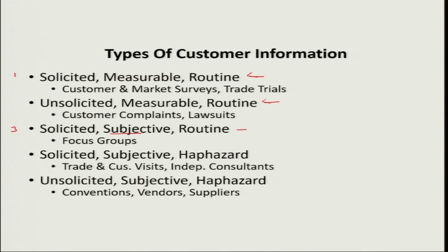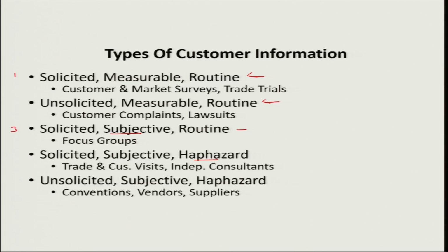Then there can be solicited, subjective and haphazard information. Not in a very routine manner, you are collecting in a haphazard manner by visiting trade fairs and just listening to the discussions going on between customer and the shopkeeper, and you get some clue from that.